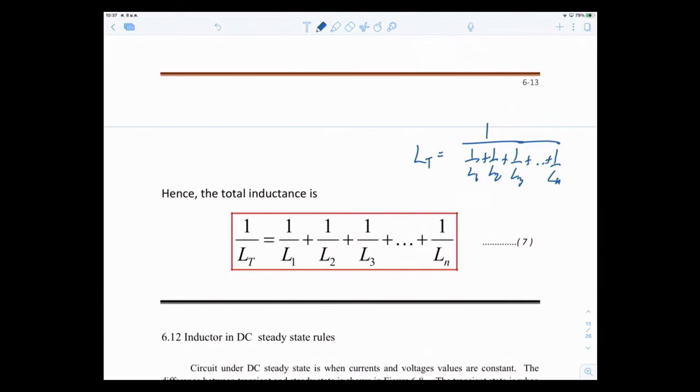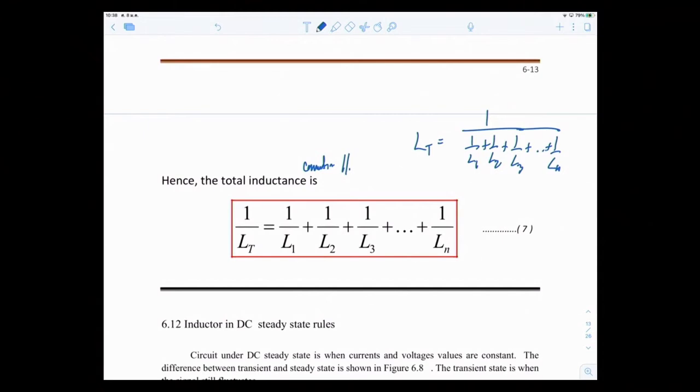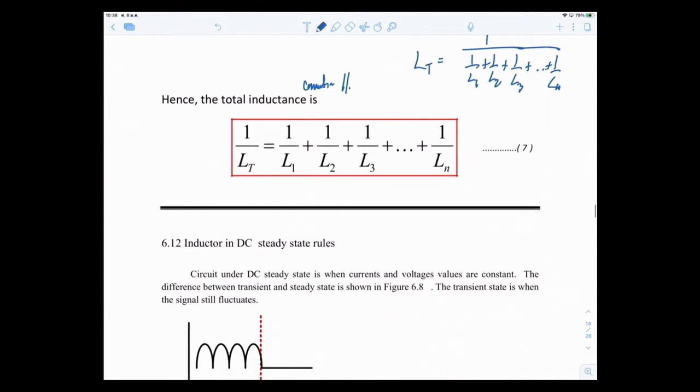So it's the same form as resistors connected in parallel. Similar to the capacitor, which has special DC rules, the inductor also has them.